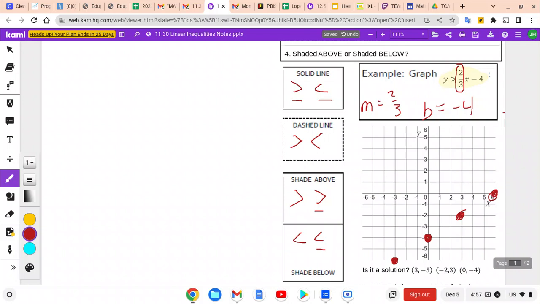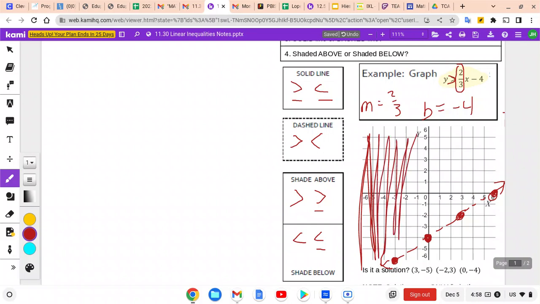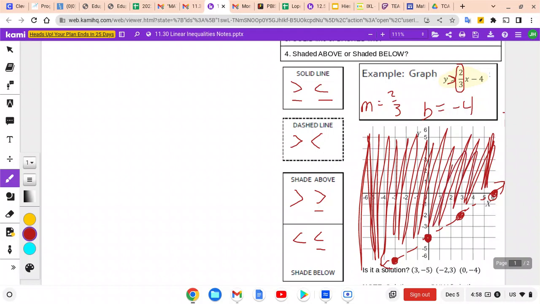Now, looking up here, we notice that it is greater than, but not equal to. So we're going to draw a dashed line. It goes on forever, so that's why there are arrows. And then it's greater than, so you shade above. All right. And I'm not doing this perfectly, but you get the gist.